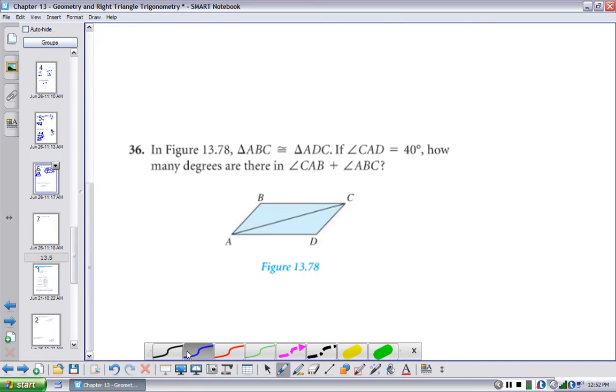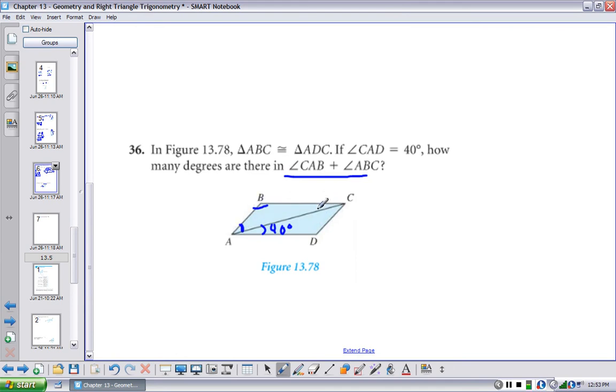Now we're going to look at number 36. In this figure, 13.78, we have triangle ABC. It's congruent to triangle ADC, which means the angles and sides are equal. If we know that angle CAD is 40 degrees, they want to know how many degrees are in those other angles: CAB, which is this one, and ABC, which is this one.